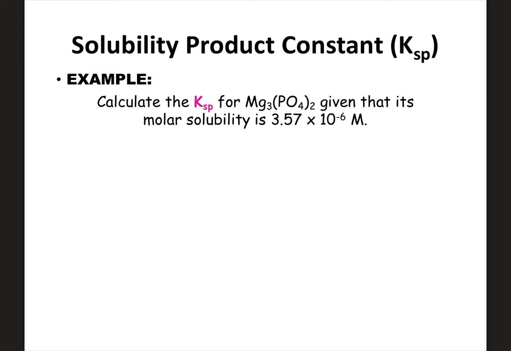The first thing you want to do for these problems is to write out your dissolving equation. So you take your solid and have it in equilibrium with its ions. We have our Mg3(PO4)2, magnesium phosphate, that would be our solid, and it's going to dissociate and be in equilibrium with its ions.